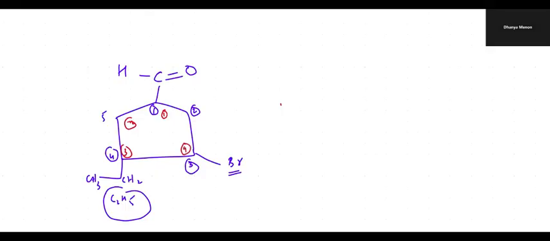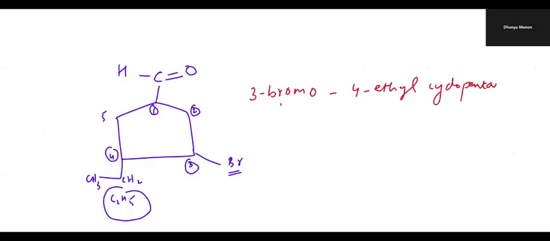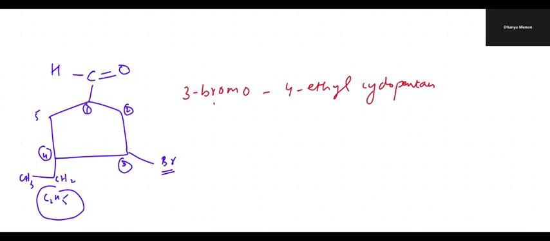But I'll use the blue numbering because I will use the alphabetical order. Okay. Now at the third position, I have bromo. At the fourth position, I have ethyl, cyclopentane. At the first position, I have carbaldehyde. Why carbaldehyde? Because CHO is directly connected to the ring, right? I hope you understood.